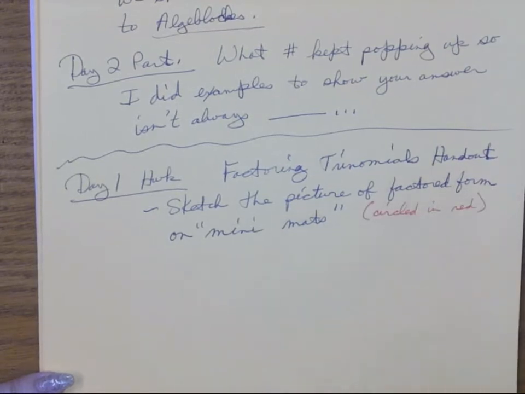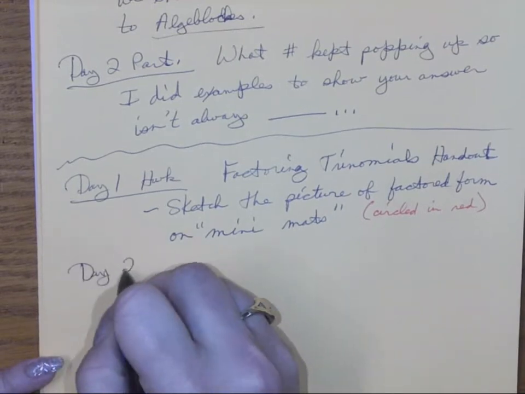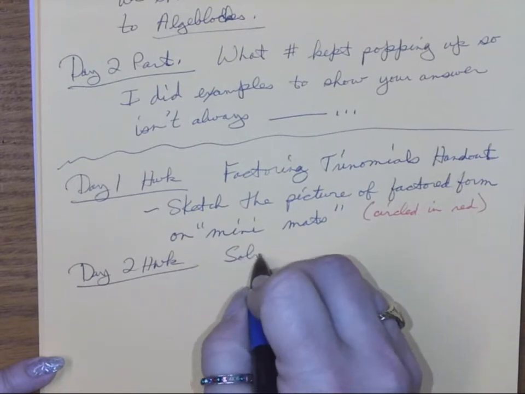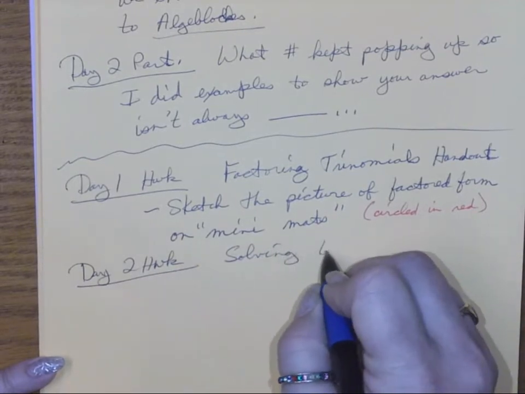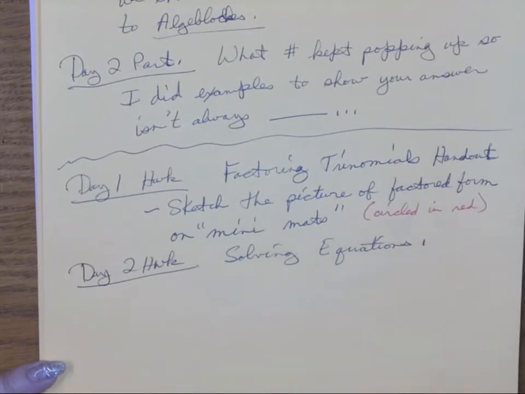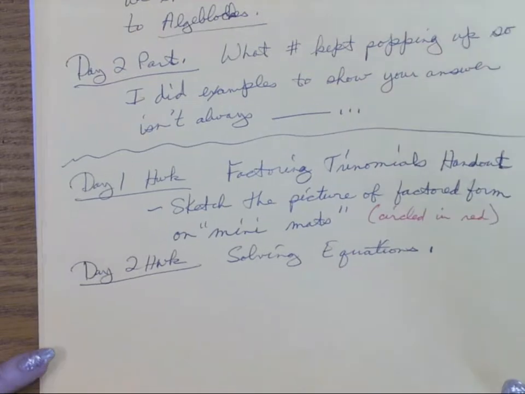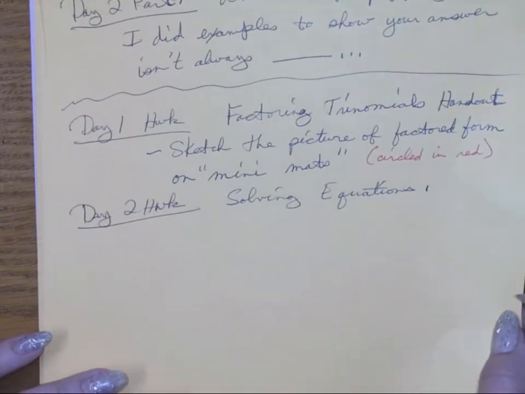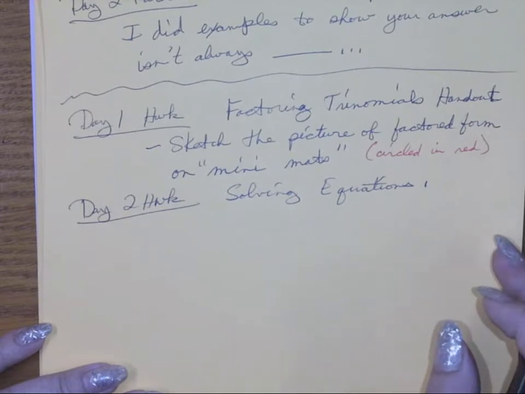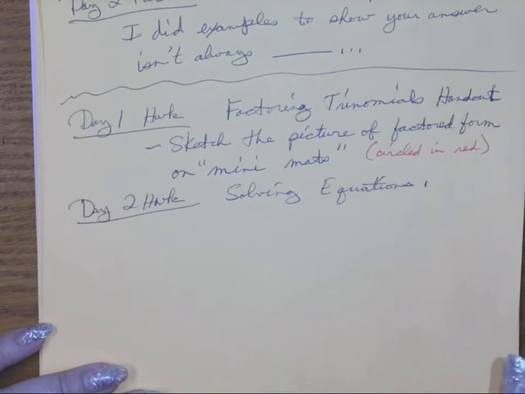From day two, the homework is the solving equations. Same deal, but I think you're going to have to show me a couple of steps for solving equations, actually. So show me what you're doing, because if they're like a subtraction step and then a division step, you're going to have to sketch me two pictures for that.